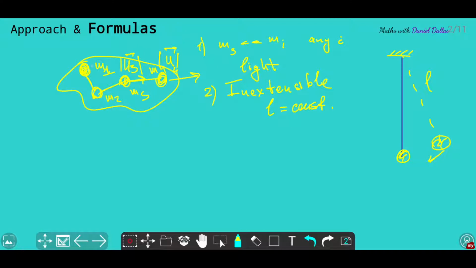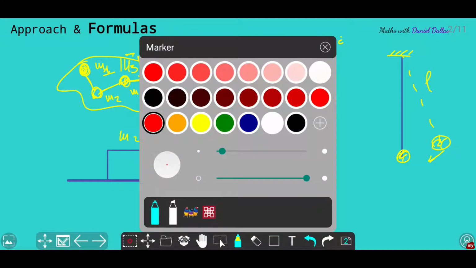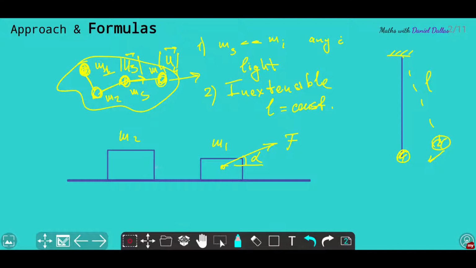All right, it's of course still applicable when you have a horizontal plane or horizontal surface and two objects with different masses like this. You have a rope, and you apply a force, which in the general case might be at some angle alpha to the horizontal plane, and those two objects with masses m1 and m2 are connected with a light string. Let's depict the string with a pink line.